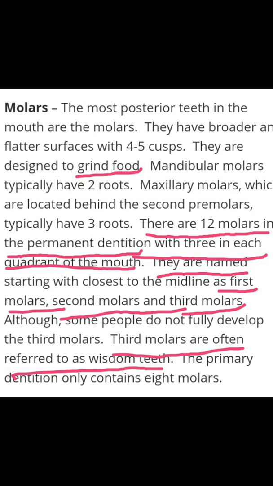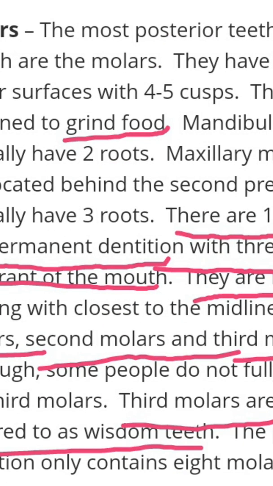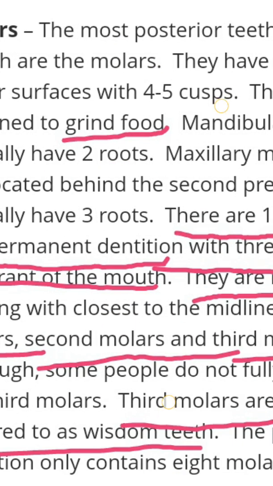The third molars, which come in the end, are also referred to as wisdom teeth. These wisdom teeth appear when you attain the age of 18 or more, and that is why they are called wisdom teeth, and their basic function is to grind the food.